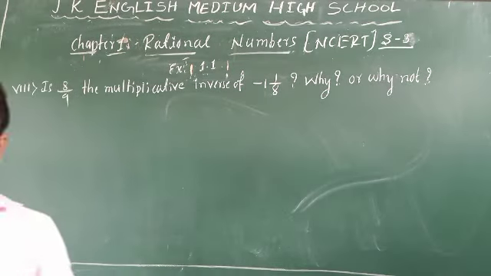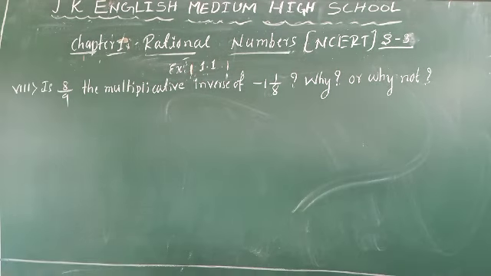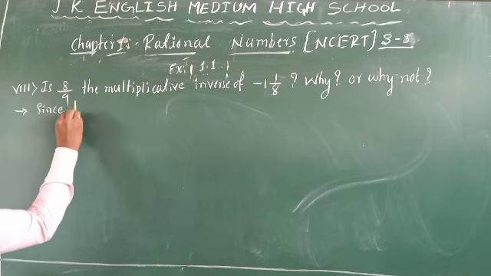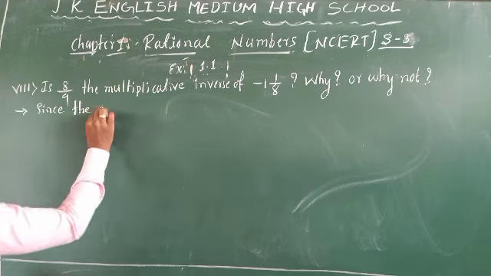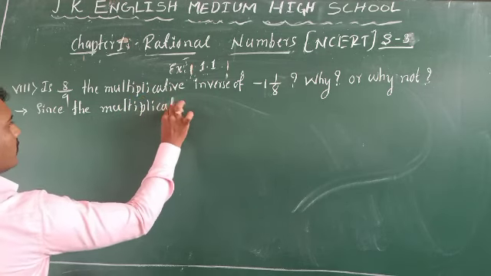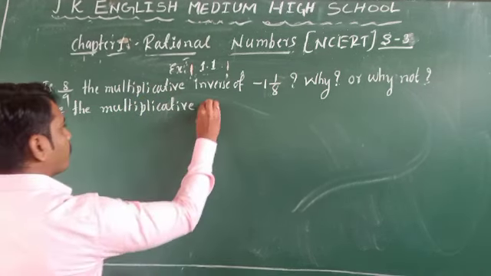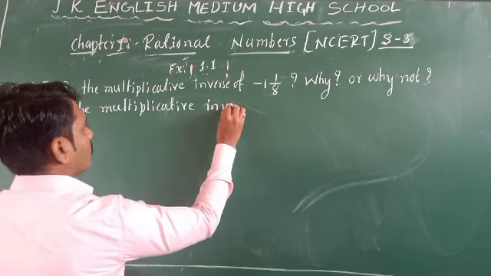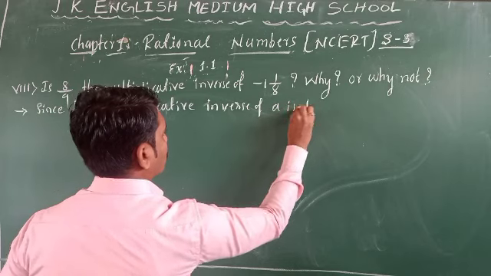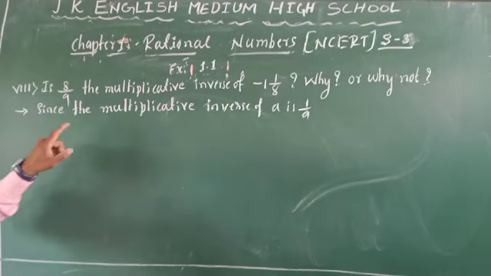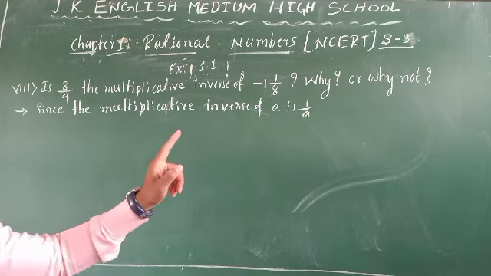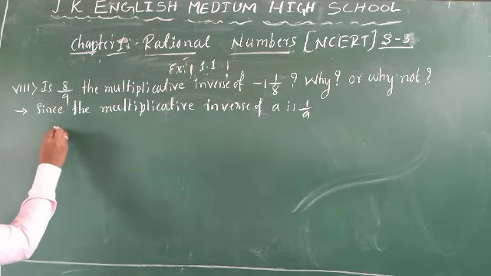Here we have a formula. What is that? Since the multiplicative inverse of A is 1 upon A, how will it prove?